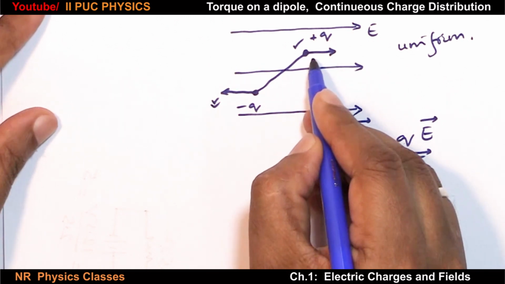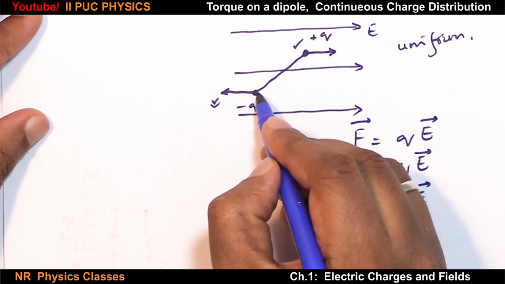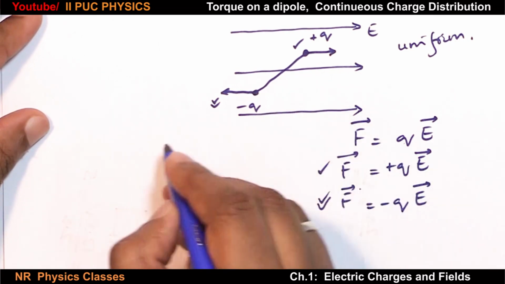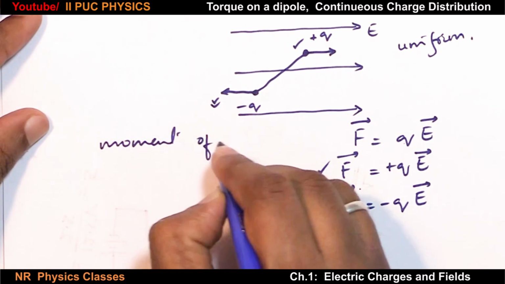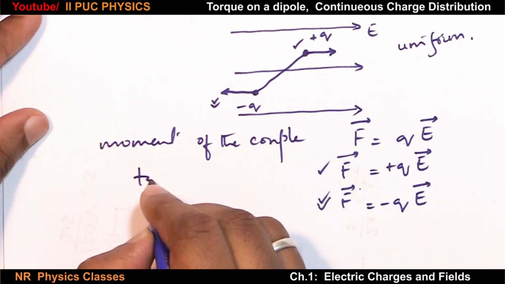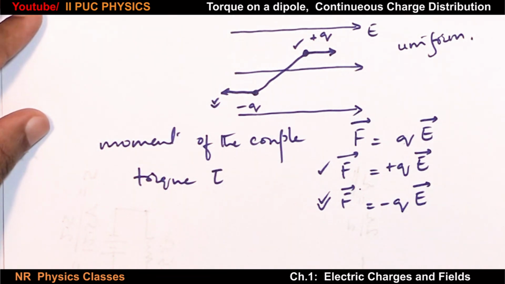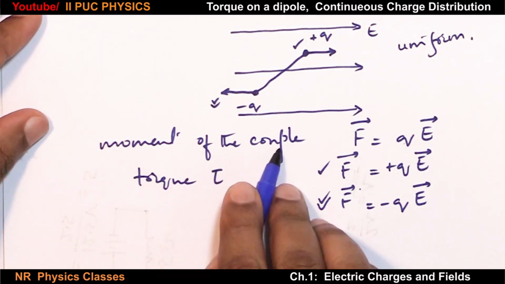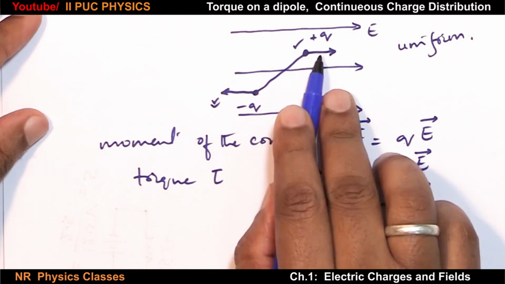Now these two equal and opposite forces constitute a couple, and the moment of the couple is nothing but torque, denoted by tau. Moment of a couple means the turning tendency of two equal and opposite forces.